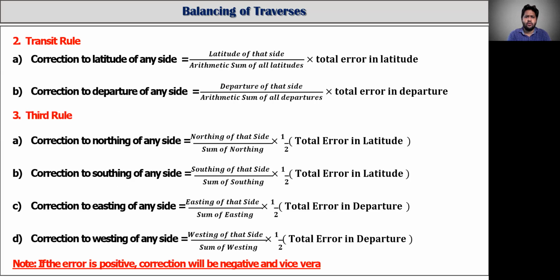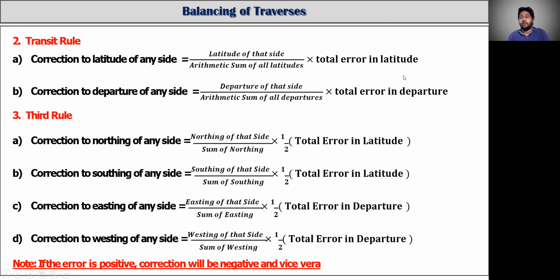The transit rule: the correction to the latitude of any side. There will be a number of stations, and we need to correct one side, say from A to B. The correction to the latitude of any side equals the latitude of the side divided by the arithmetic sum of all latitudes, into the total error in latitude.